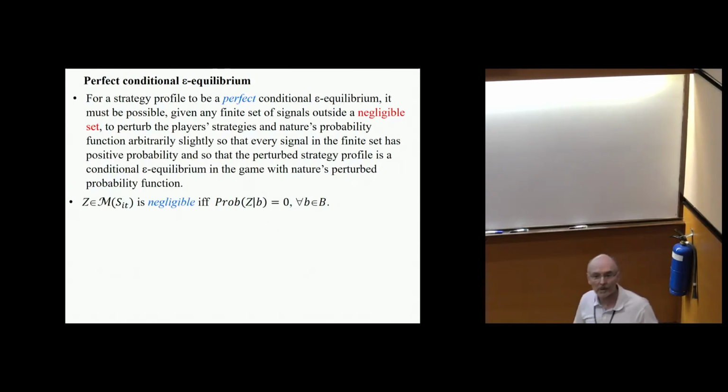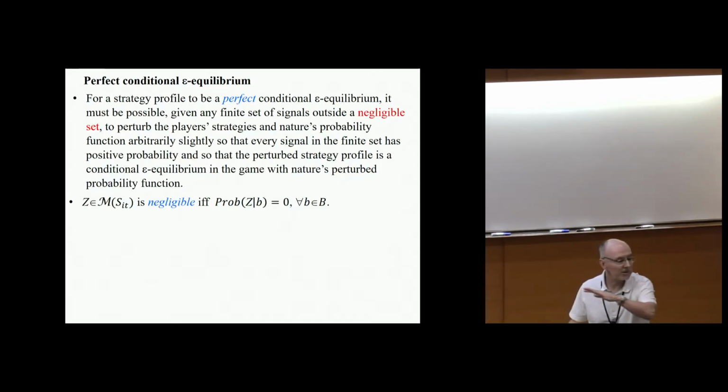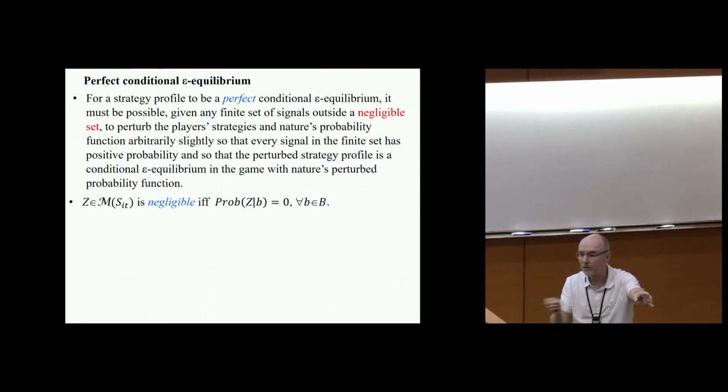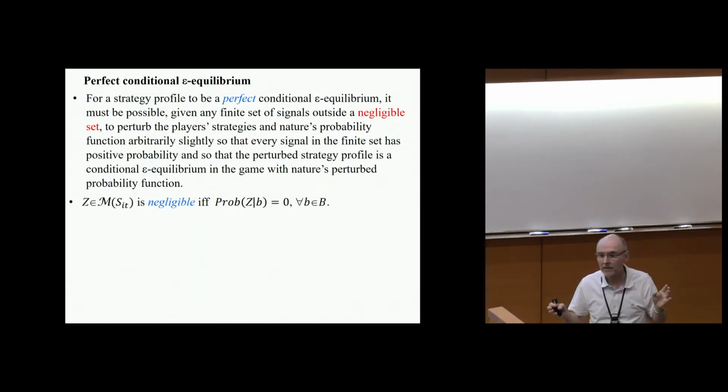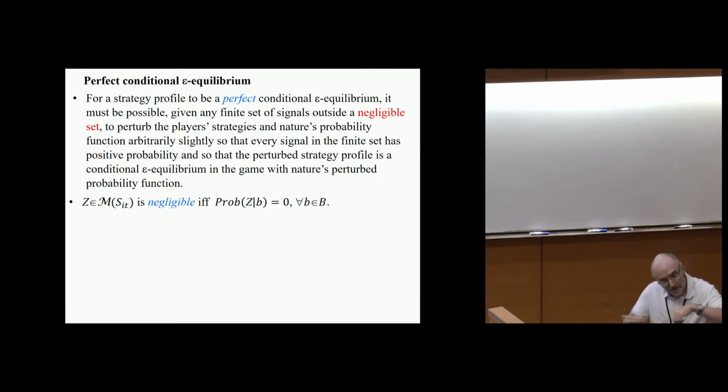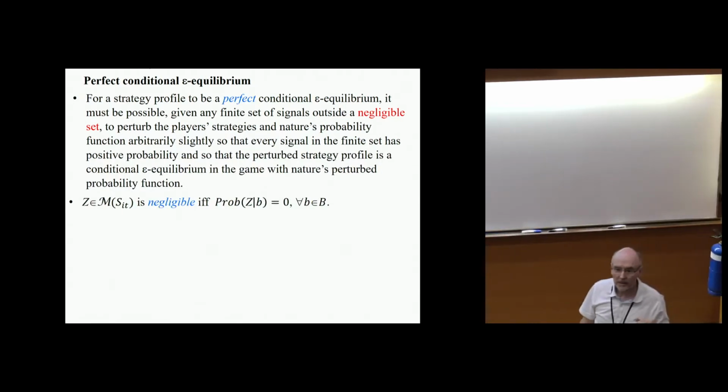So for example, nature moves first, chooses a random variable, uniform 0, 1, and you observe the outcome of nature. Okay? So any Lebesgue measure 0 set of nature's choices is a negligible set of signals for you.